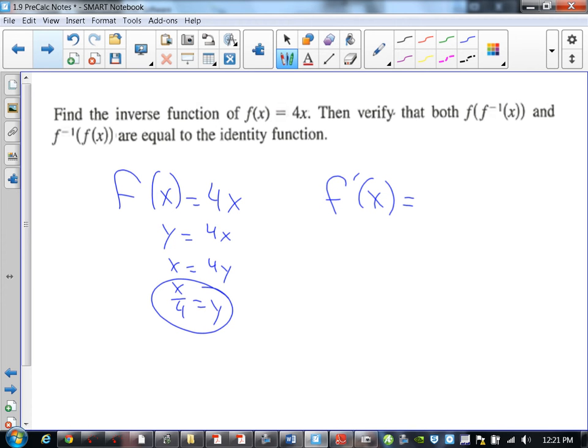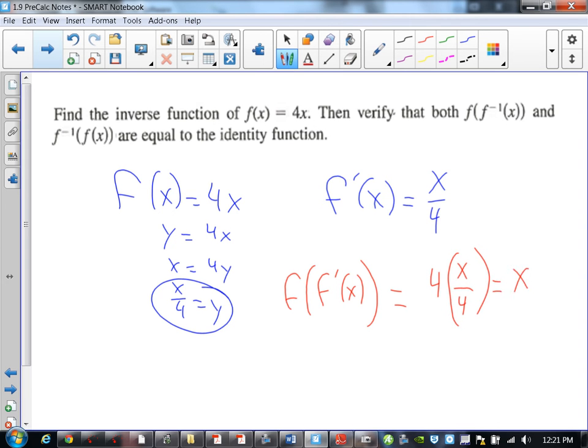So if my inverse is x over 4, what they're saying is f of the inverse of x. Well, remember, that means take the x over 4 and then surround it with the f equation. Does that equal x?